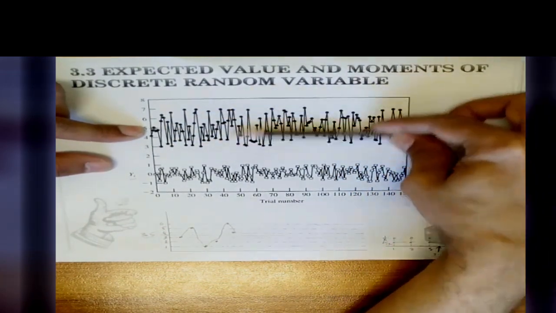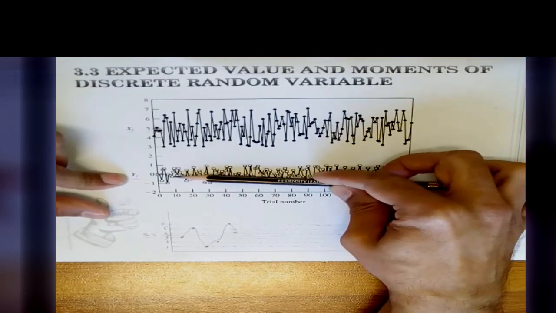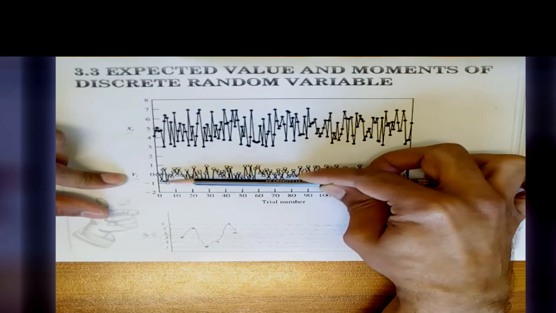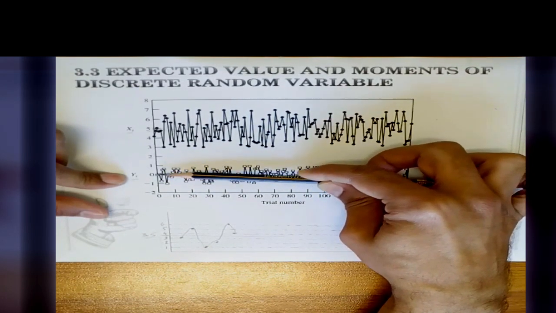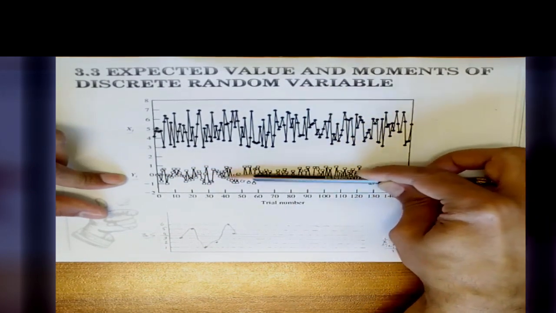So the spread is bigger, while the spread of y is not that big. It only goes 1 down and 1 up. So it can go from -1 to 1, which is 1 less than the center value and 1 more than the center value. So the spread is smaller.